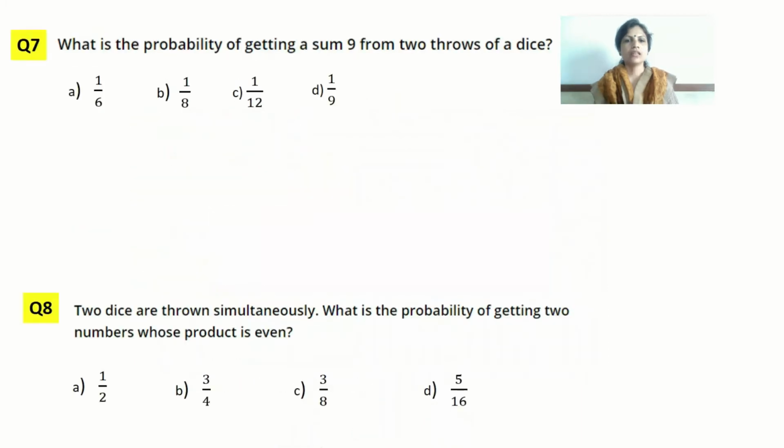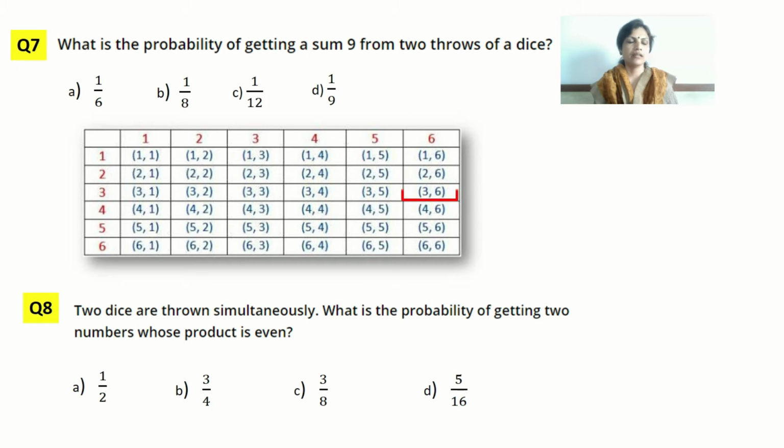So here we go, a sum of 9 from 2 throws of a die. Now when you throw 2 dice together, how many combinations do you get, that you all are aware? Total outcomes is equal to 36. What is asked? Probability of getting a sum of 9. Just check out in the combinations where you get the sum as 9.